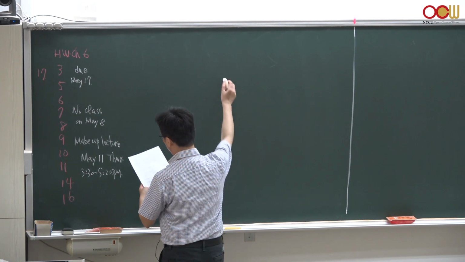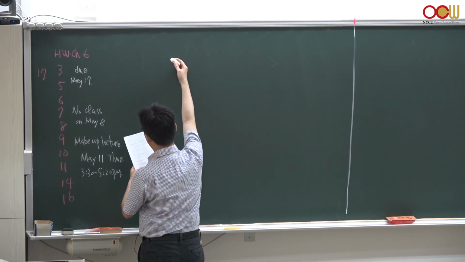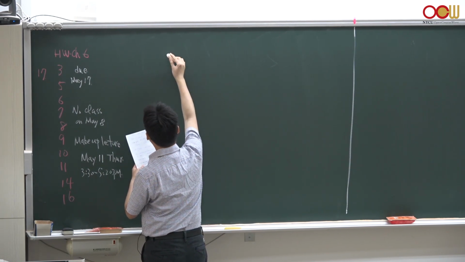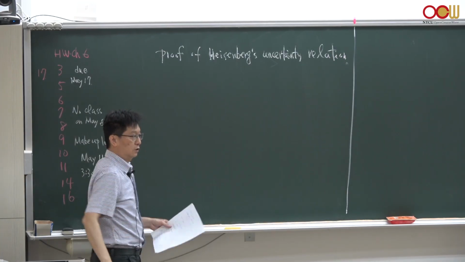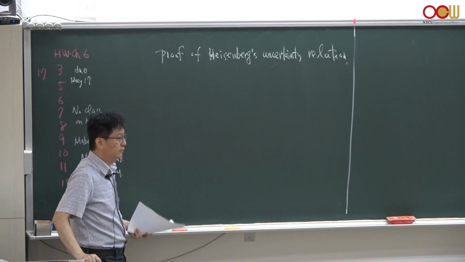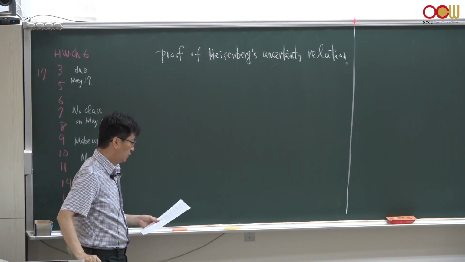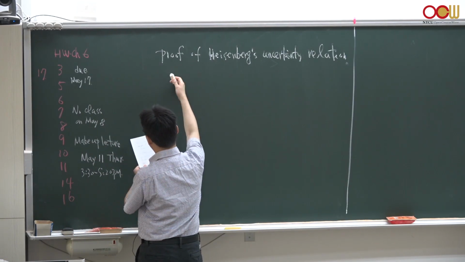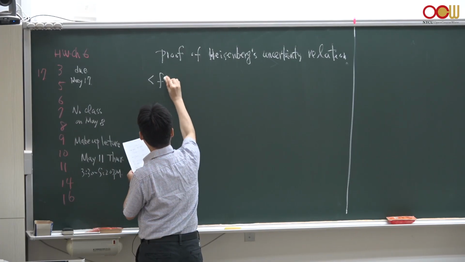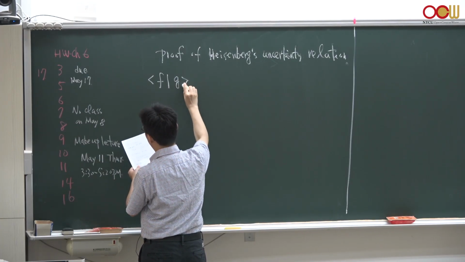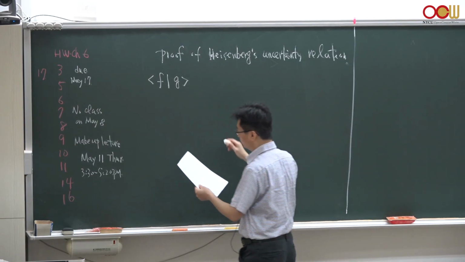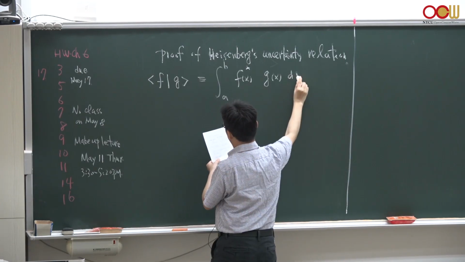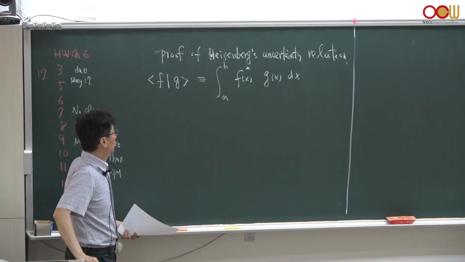Okay, so let's just prove or derive this Heisenberg's uncertainty relation. As I mentioned, it is very convenient and useful to use Dirac notation. So let's define this inner product between a Dirac bra and ket state, f and g, in terms of a Schrödinger wave function.